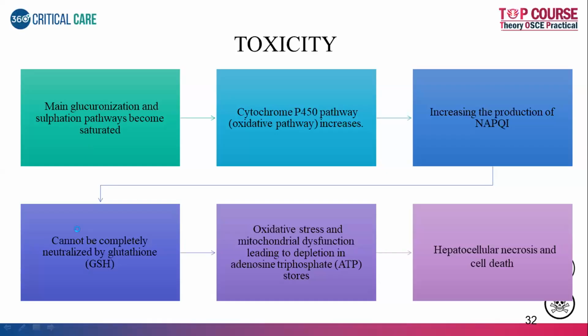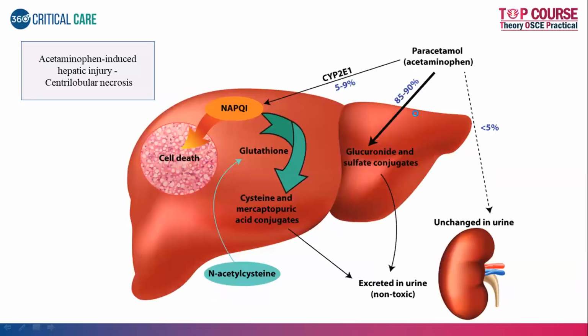Okay, so this NAPQI cannot be completely neutralized by the glutathione stores present in our body, because there's a lot of NAPQI formed now. So what happens? The remaining NAPQI present in the blood will lead to oxidative stress and mitochondrial dysfunction, which leads to depletion of ATP stores, leading to hepatocellular necrosis and cell death. Okay, so this is what happens in case of paracetamol toxicity.